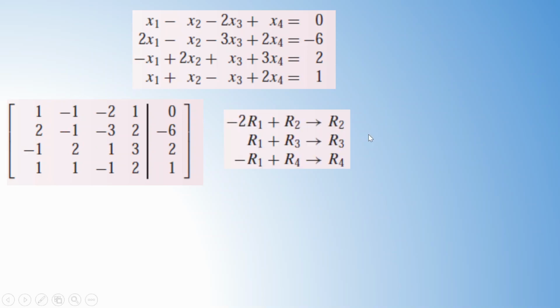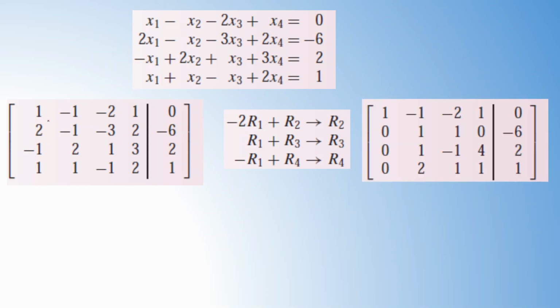So that's the formal writing. Now when you apply these row operations, you multiply the first row by minus 2. So minus 2 into 1 is minus 2. Minus 2 plus 2 is 0. Minus 1 into minus 2 is plus 2. Plus 2 minus 1 is 1.